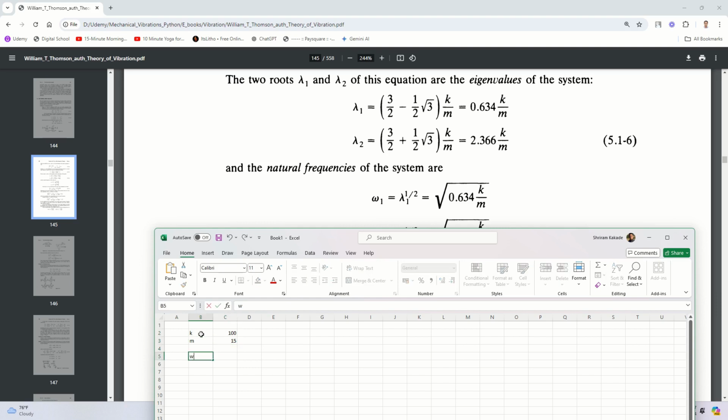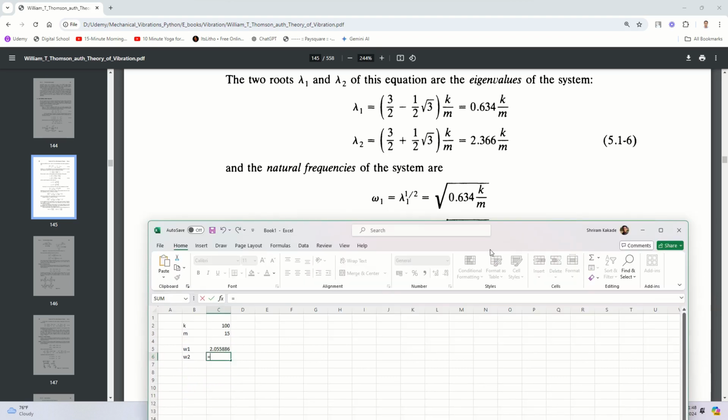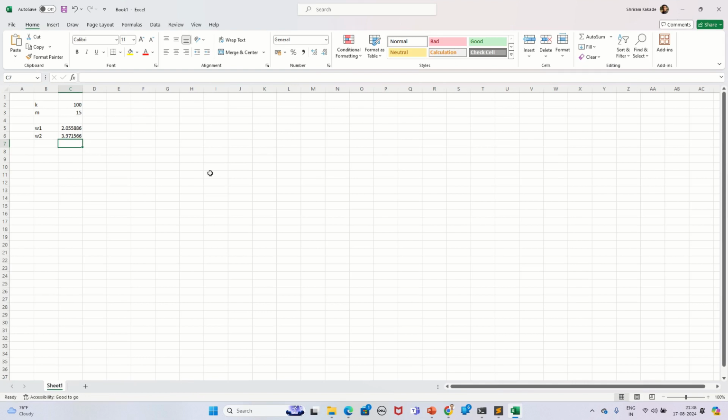So omega 1 is equal to the square root of 0.634 into K divided by M, which gives 2.05. Omega 2 is equal to the square root of 2.366 into K divided by M.